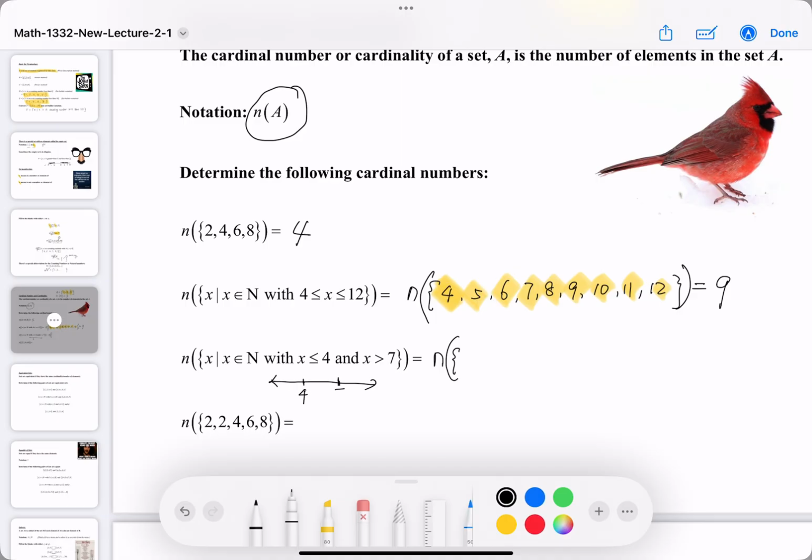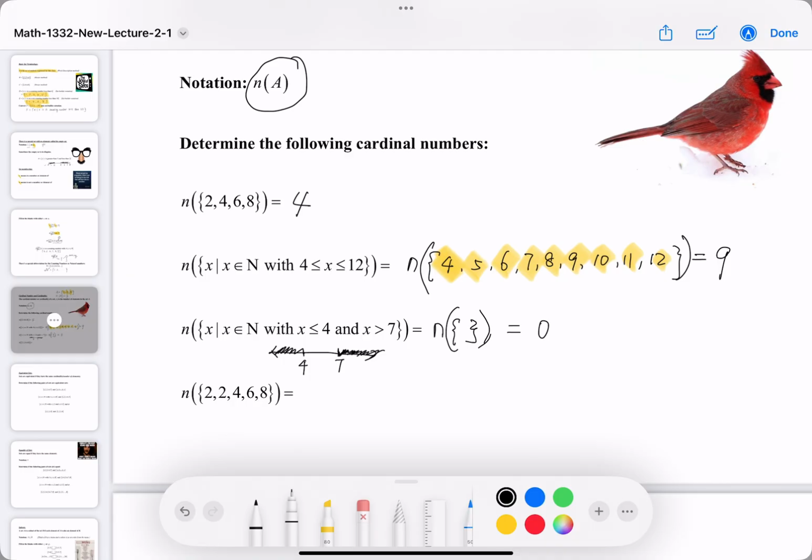And greater than 7. The numbers smaller than 4 are 3, 2, 1, 0, negative 1. And at the same time, it needs to satisfy that this number is greater than 7. I don't have any number satisfying both conditions. That means the set is an empty set. There is no such number in the set. So cardinality is 0.